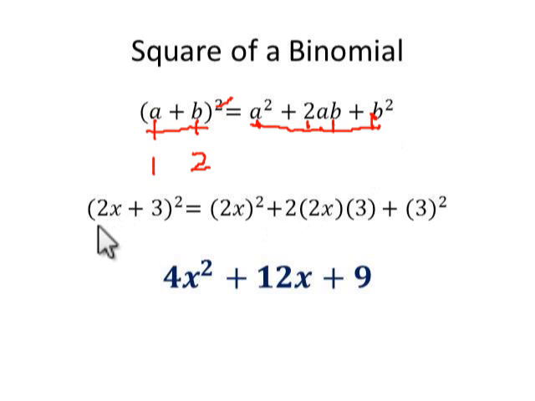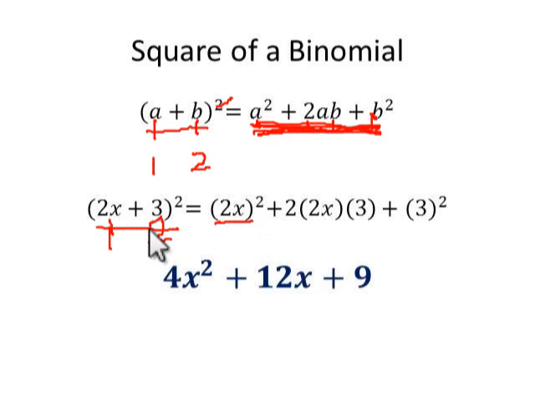So, paano pag binigyan kayo ng 2x plus 3 quantity square? Okay? So, ang pattern of solution natin dyan, 2x will be your first term and 3 will be your second term. Okay? Using this format na lagi natin binibigkas kanina, the first is square of the first term.